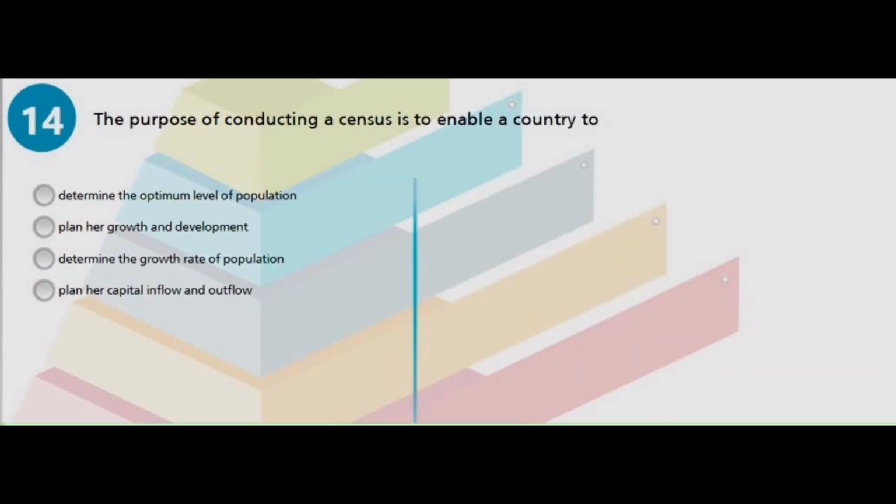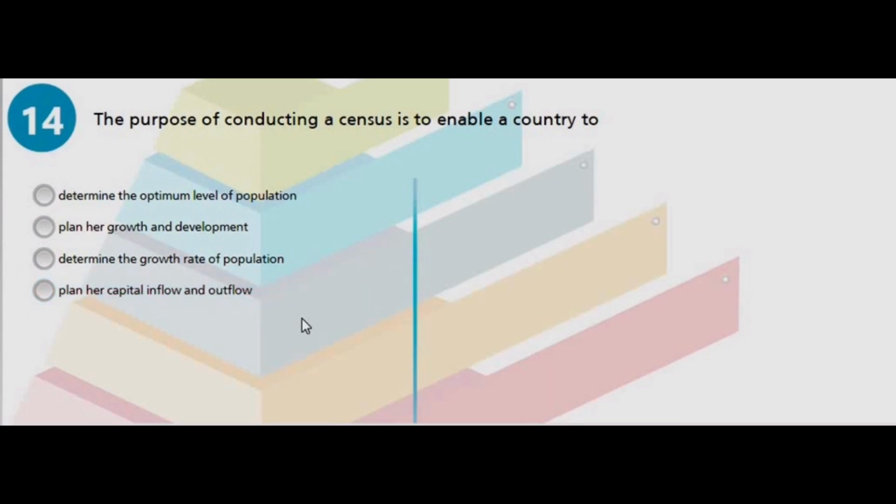Question 14. The purpose of conducting a census is to enable a country to do what? A. Determine the optimum level of population, B. plan our growth and development, C. determine the growth rate of population, D. plan our capital inflow and outflow.